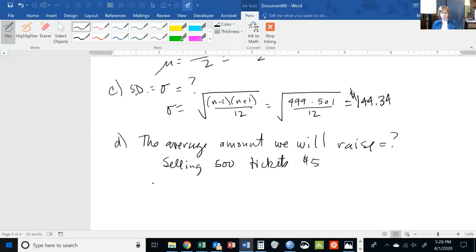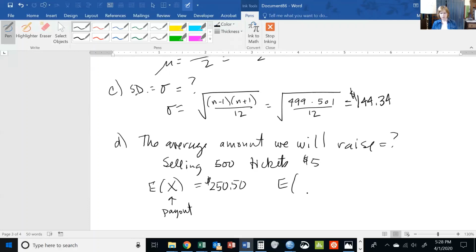We don't want the expected payout, which was $250.50. What we want is the expected amount raised.